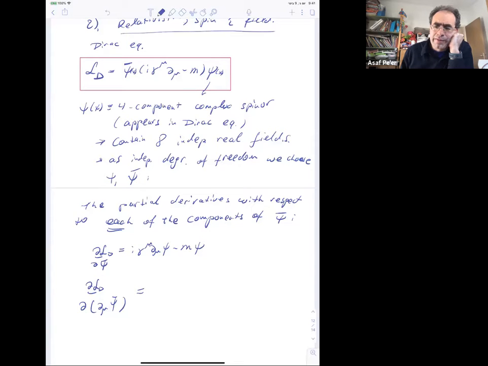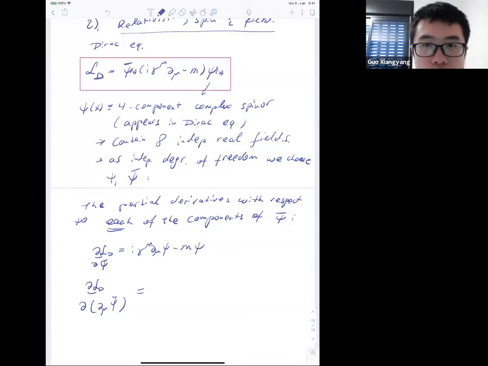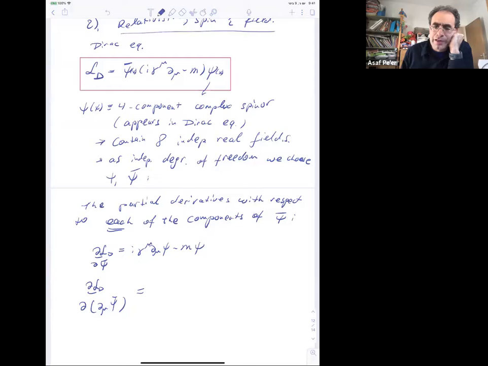What is dL over d d mu psi bar? It is 0. 0, right? D mu psi bar doesn't appear in the Lagrangian at all.